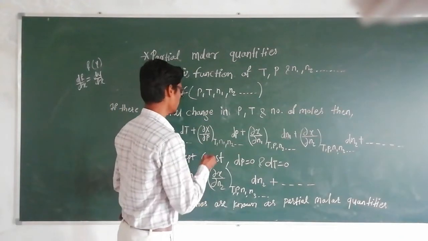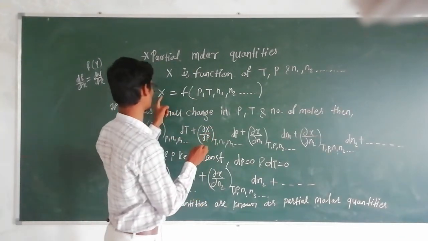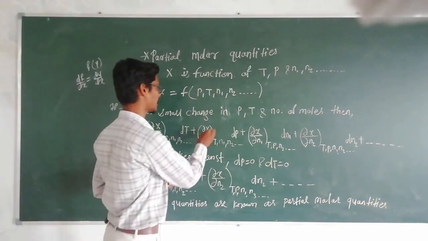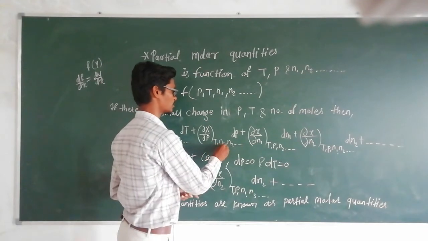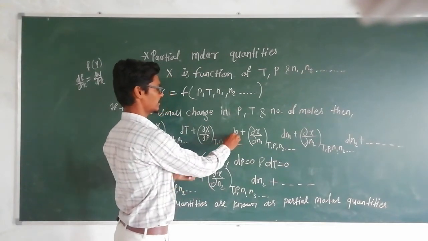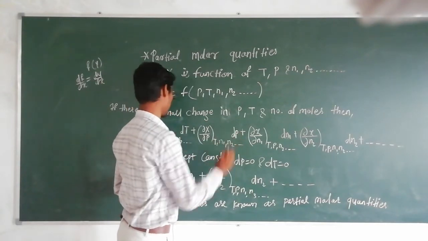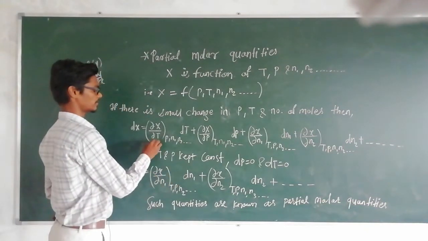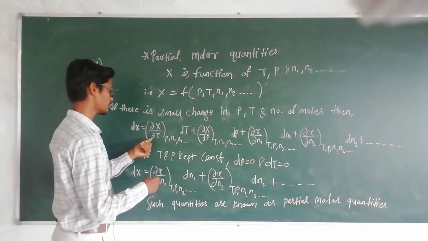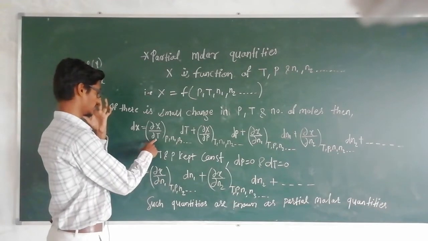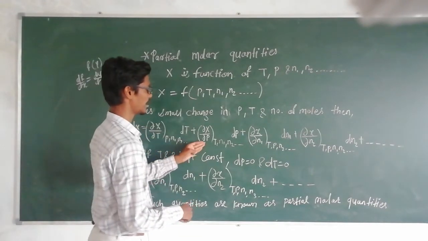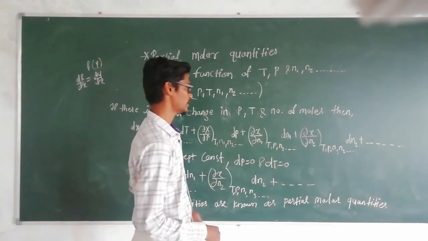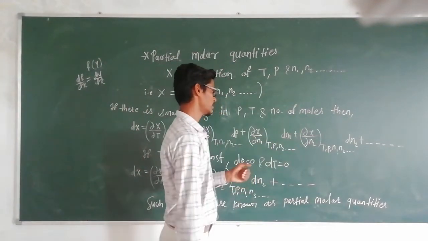Now the second term is delta x by delta p at a constant temperature and constant n, multiplied by the differential dp.